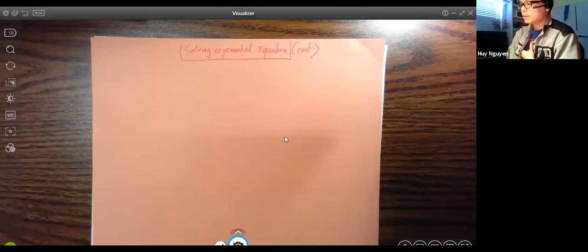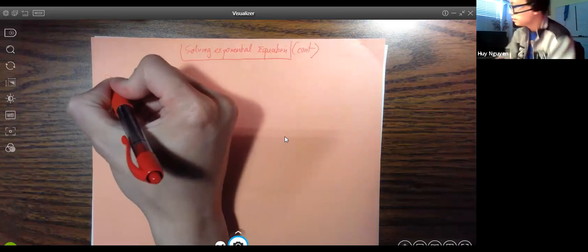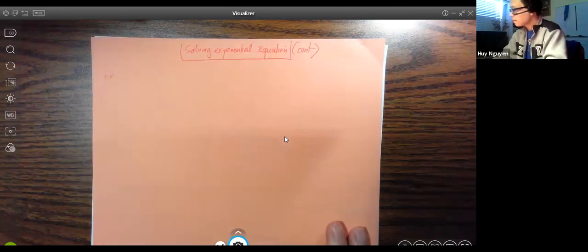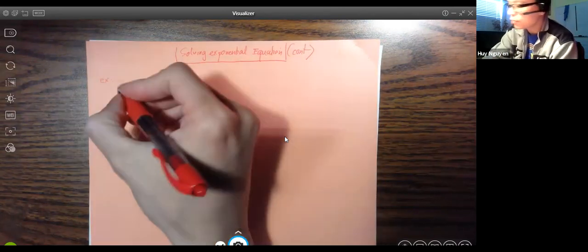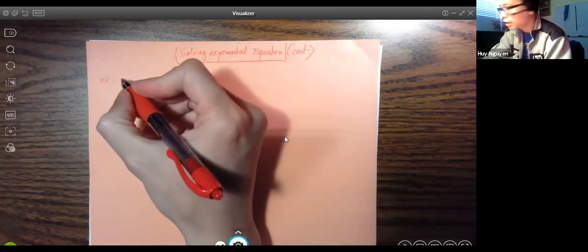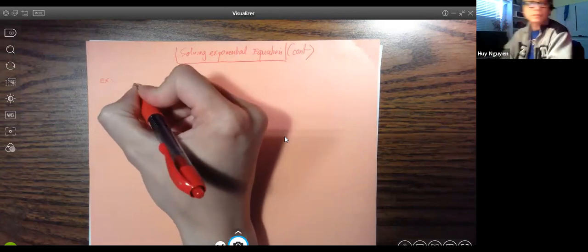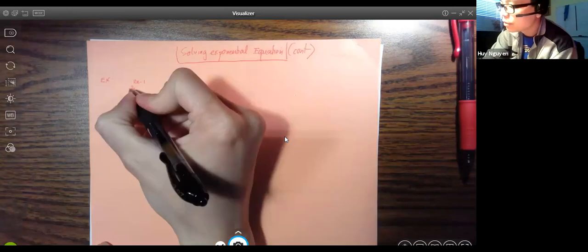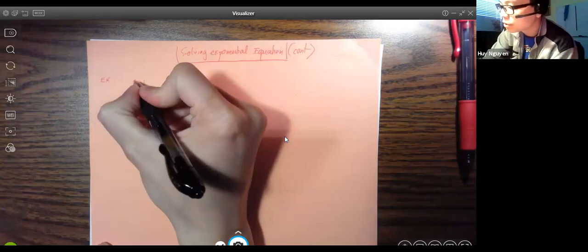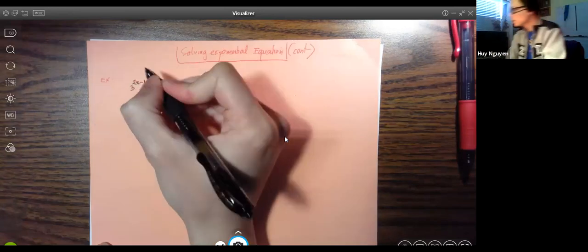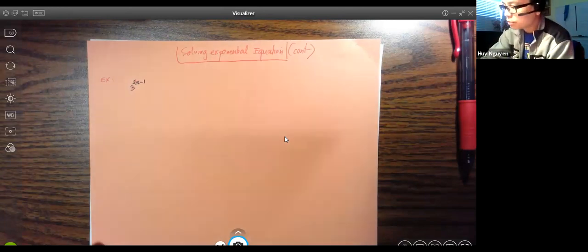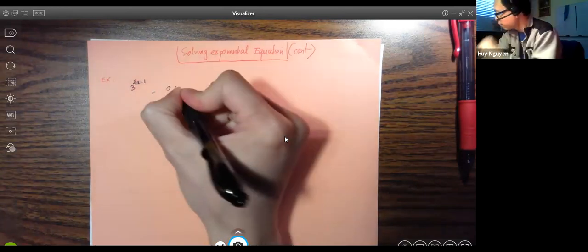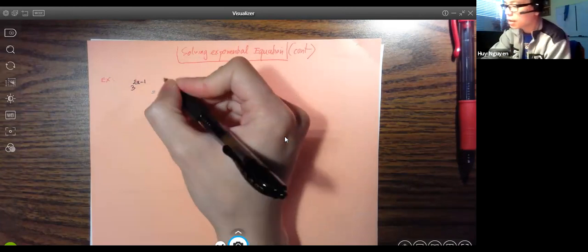Okay, so let's take a look at this example. I have 3 raised to the 2x minus 1 equal to 0.4 raised to the x plus 2.